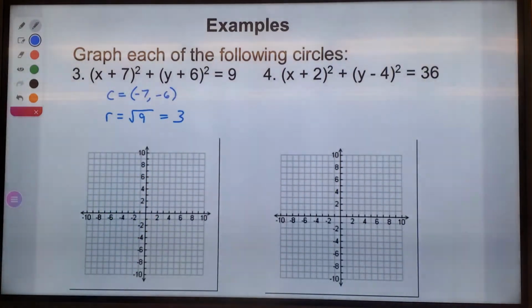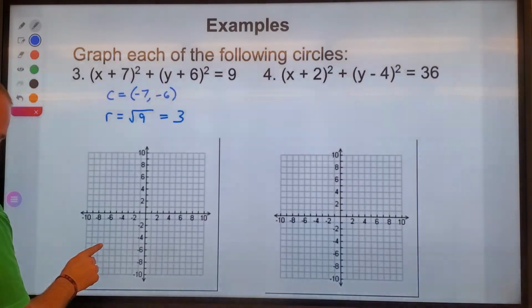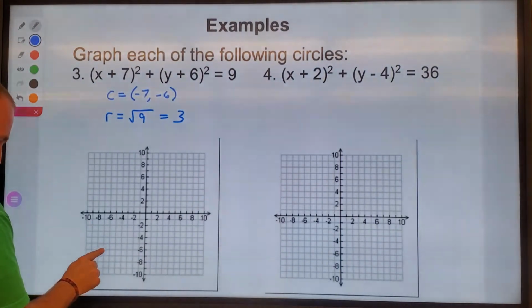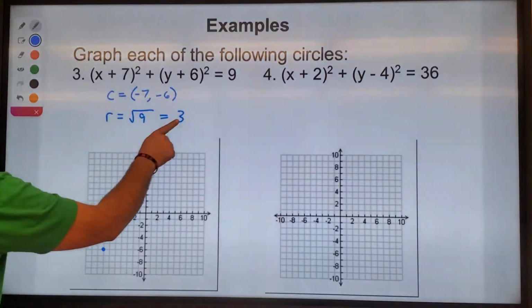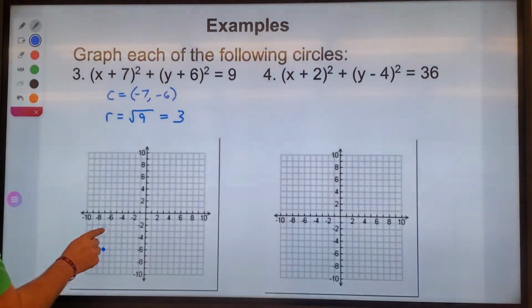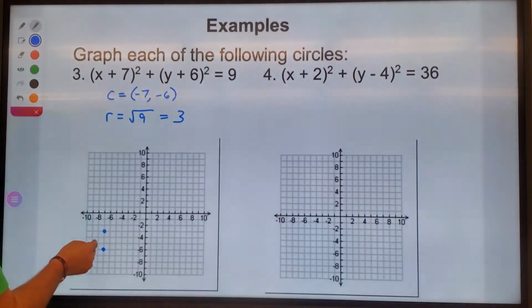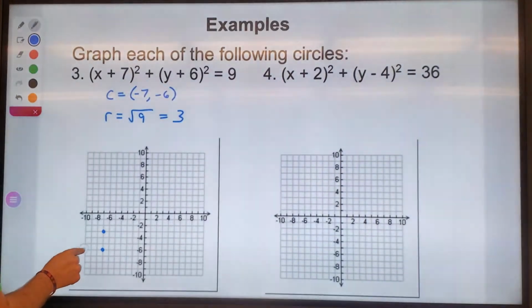Okay, so again, plot what you know. So negative 7, negative 6. Negative 7 goes left 7, and then down 6. We have a dot here. And my radius is 3. So from this dot, I'm going to go up 1, 2, 3. Count the lattice lines, okay, the intersections. Go back to the center, go 1, 2, 3, dot.